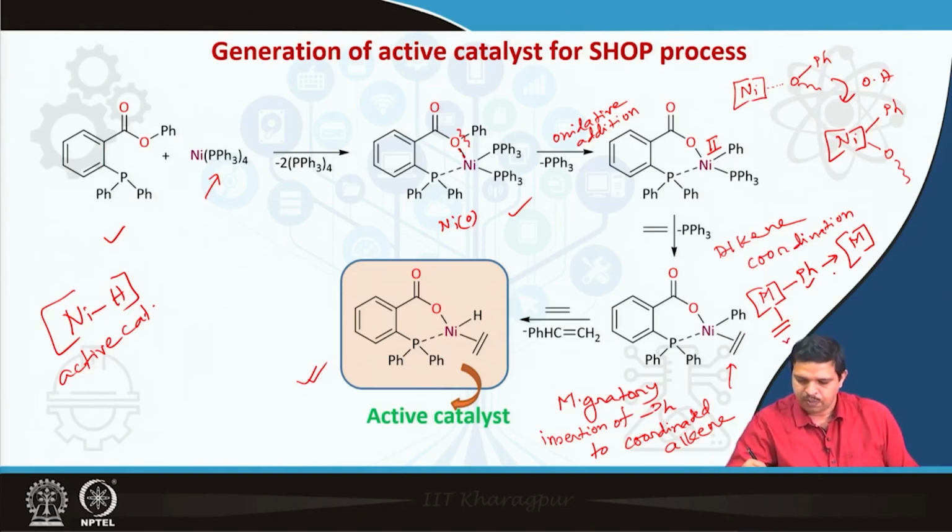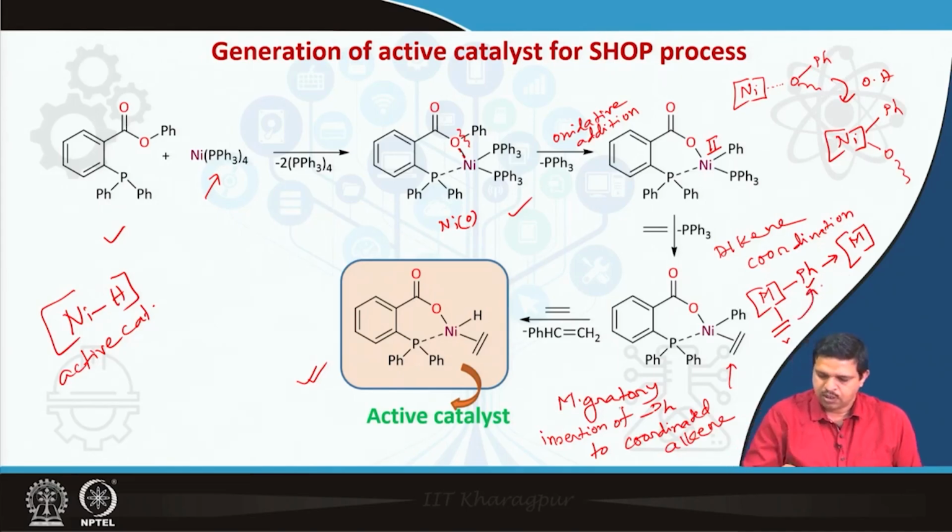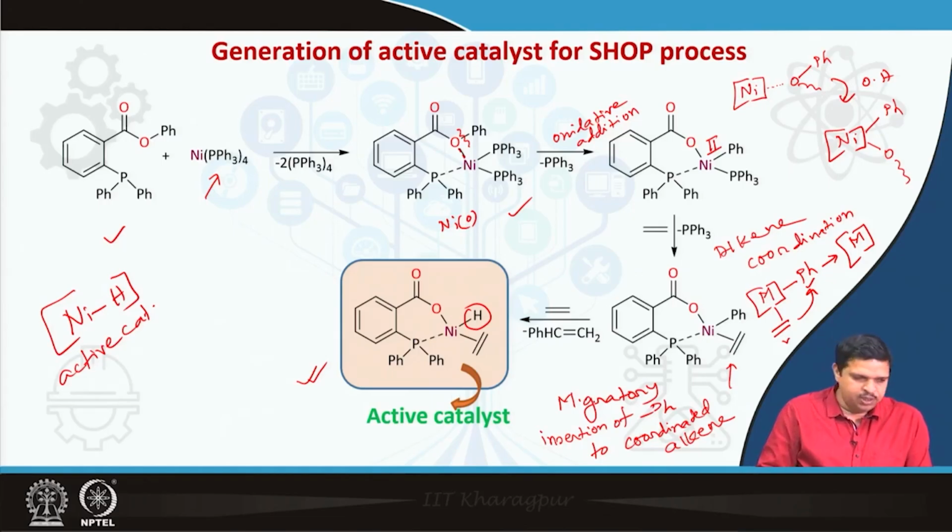Due to the migratory insertion of the coordinated alkene here, styrene will form, and after the styrene, you will get the metal hydrogen species, and the vacant site will be again saturated by the alkene, because here in the reaction ethylene is available, and wherever there is a vacant position ethylene will coordinate. Okay, so this last step is very important.